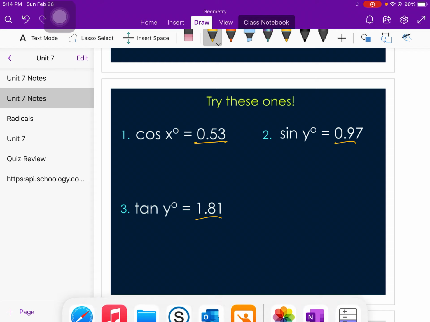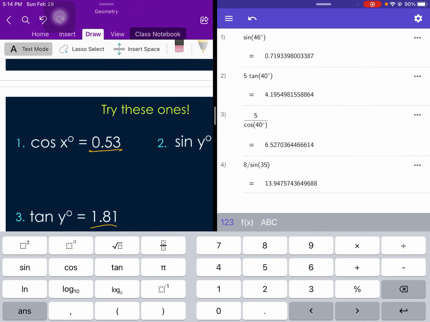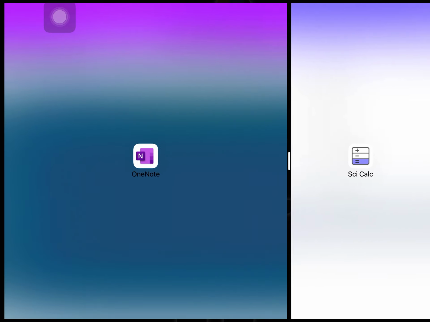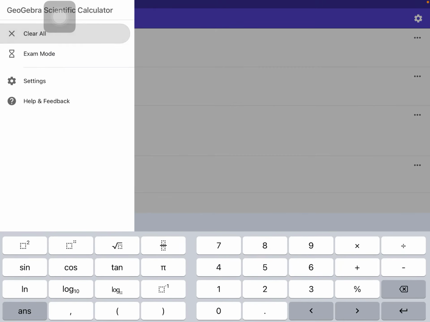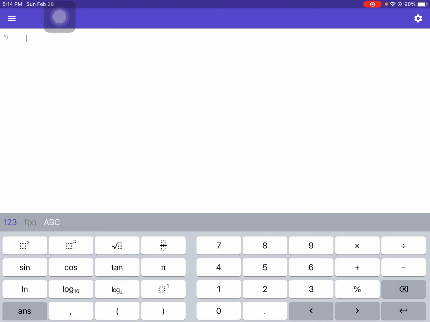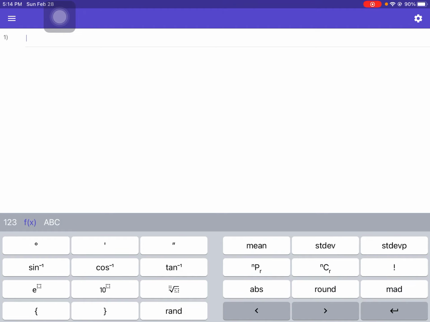So if you look at your calculator here, go to f of x, and notice we have these right here: the sine to the negative 1, cosine to the negative 1, tangent to the negative 1. Those are inverse trig functions, and what they do is help us find angles.